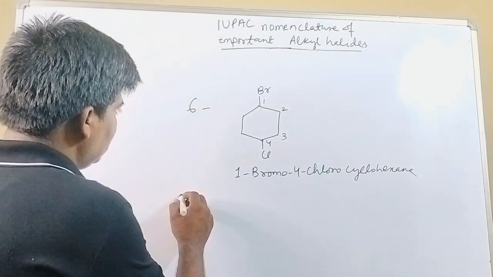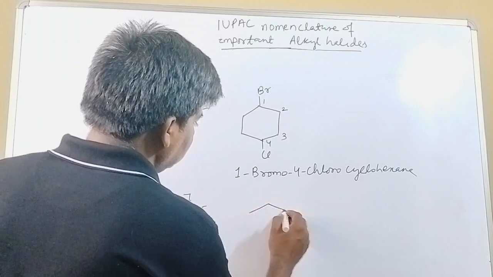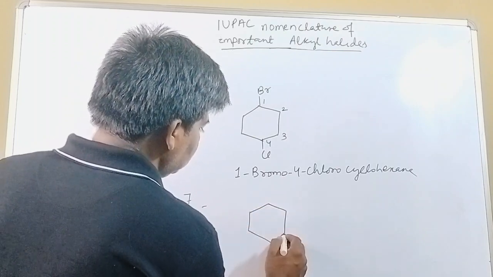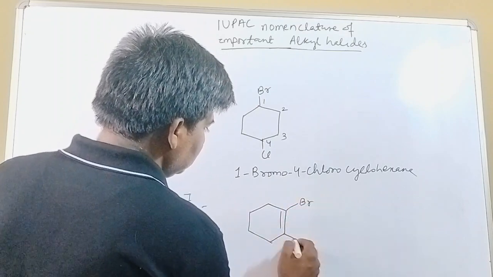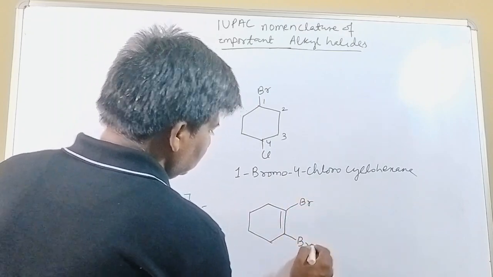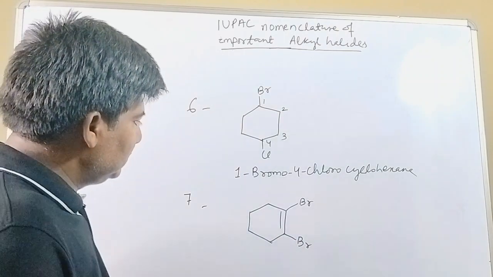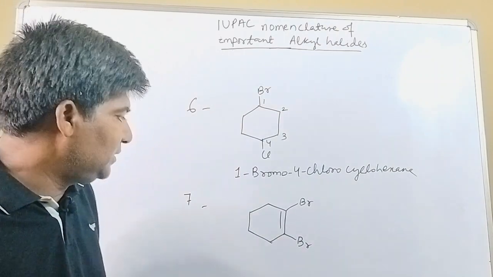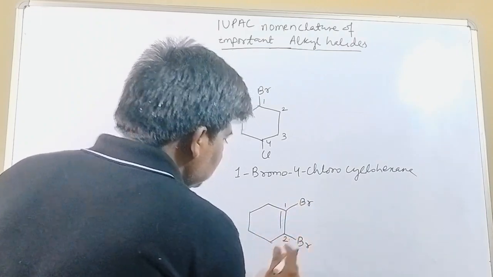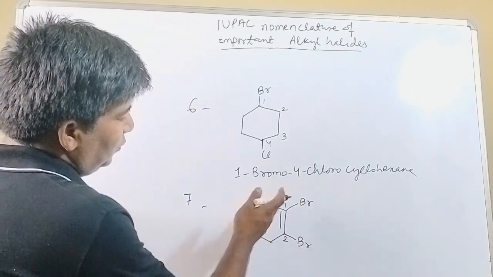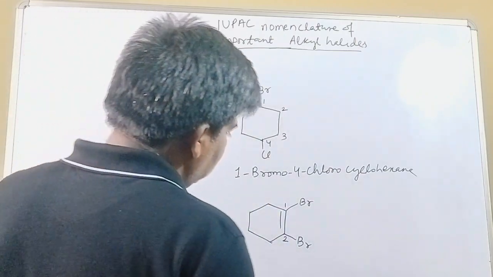Next, one more example. So this is a very simple example. This is a substituted cyclohexene. So we should give numbering like this, from top to bottom or bottom to top. The same locants are assigned to the double bond.